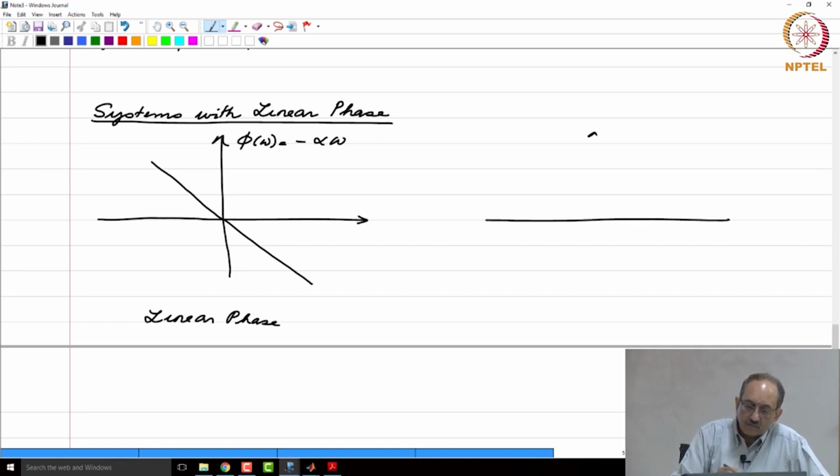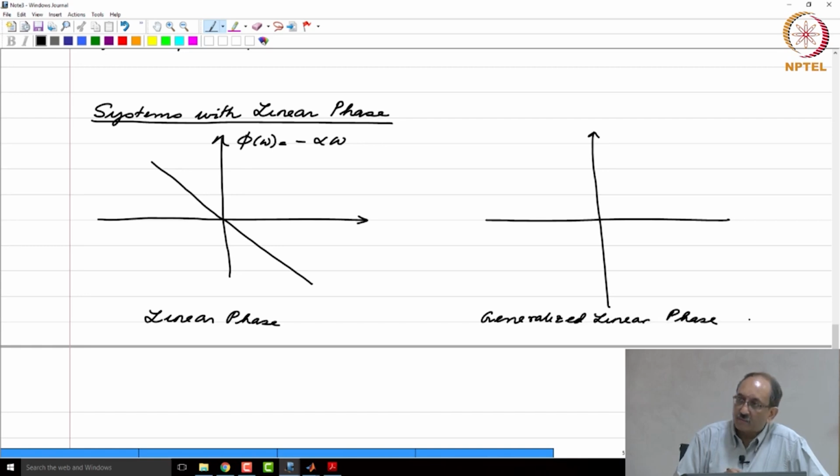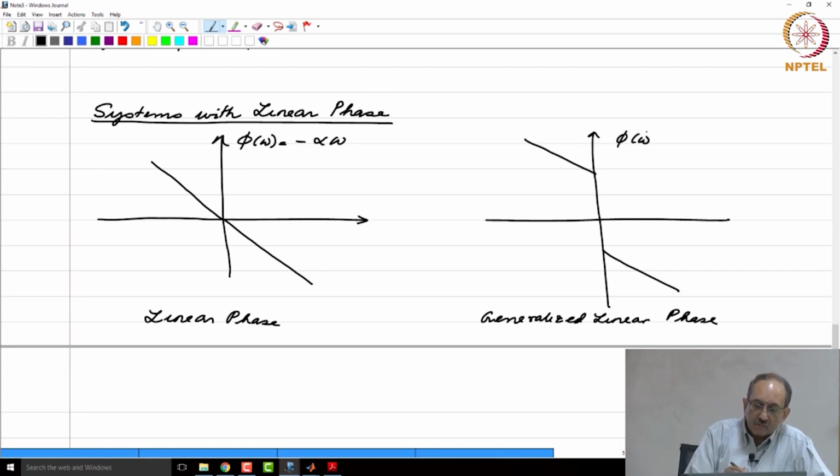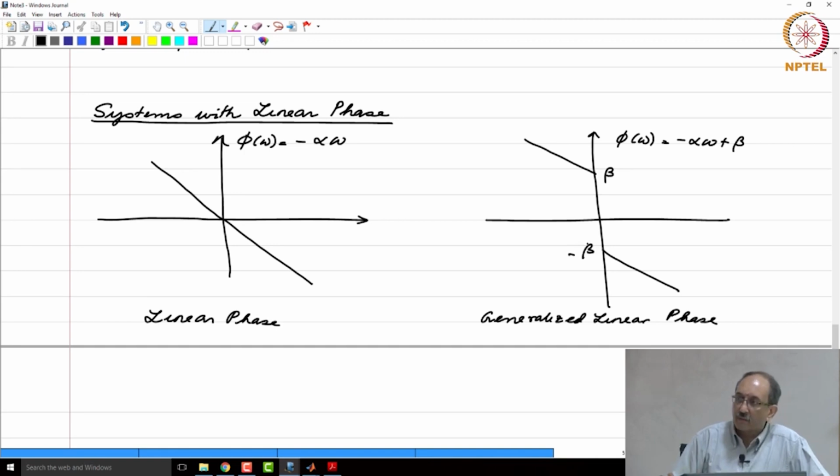There is another kind of system with linear phase, but this is now called generalized linear phase, and this is denoted by this, and this phi of omega is given by minus alpha omega plus beta, and if beta were 0, generalized linear phase becomes linear phase.